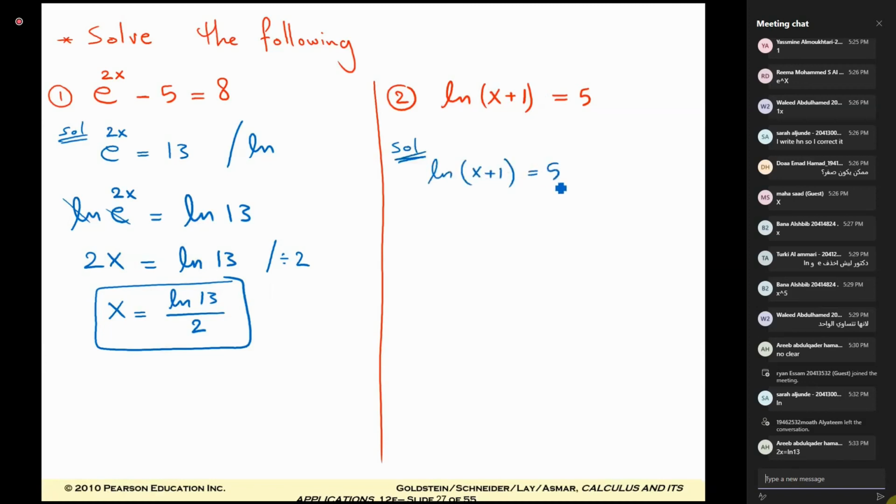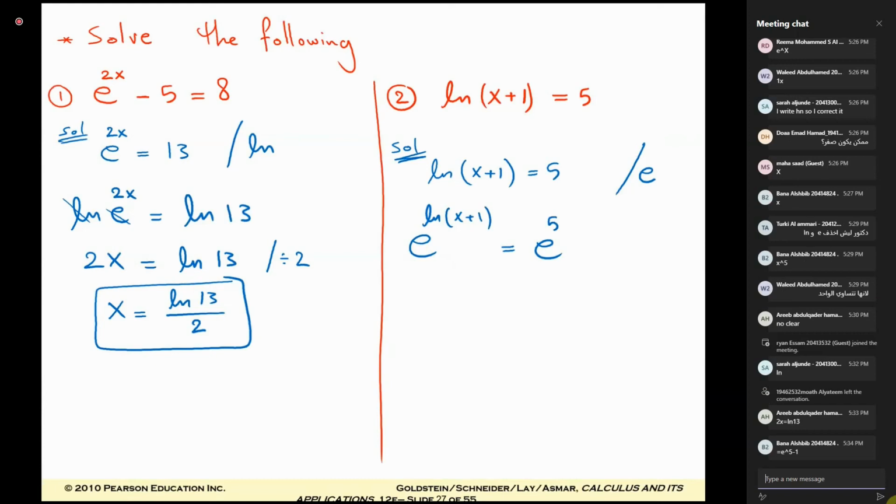Take the e for both sides. We need to remove the ln. In the first example we needed to remove the e, so we took the ln. If we need to remove the ln, take the e for both sides. So we have e to the power ln of x plus 1 equals e to the power 5.